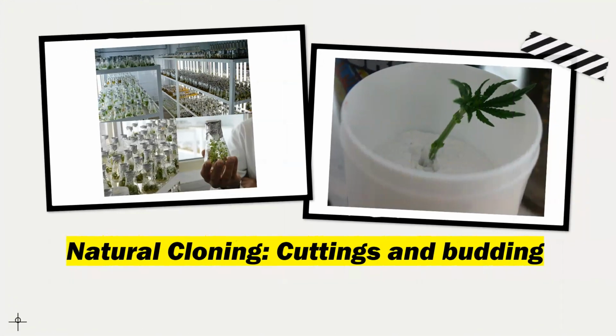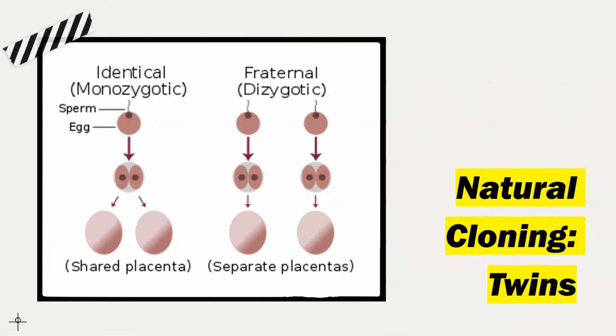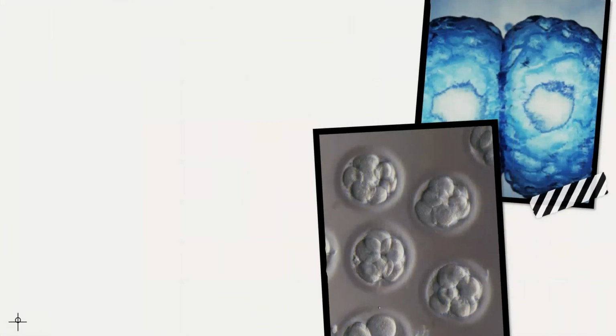We've also got some more pictures of that because you will hopefully be doing a prac where you do some cuttings. Okay, natural cloning, identical twins. So when you get a fertilized gamete and it then splits at that stage, so identical genetics, and the offspring share that placenta.